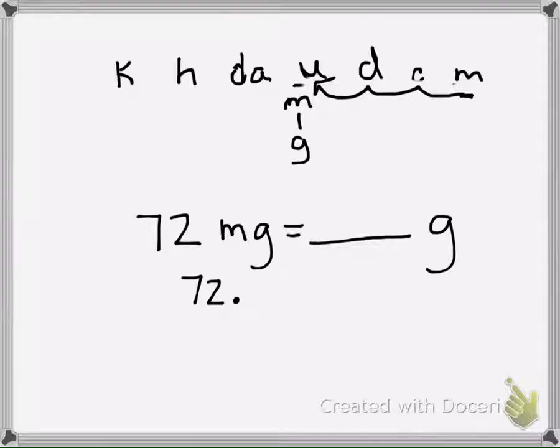I'm going to go 3 places to the left. 1, 2, 3. And drop my decimal in. And I have to fill in a 0. So 72 milligrams is equivalent to 72 thousandths of a gram.